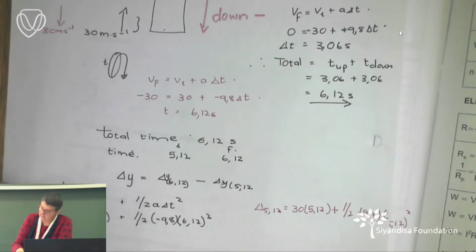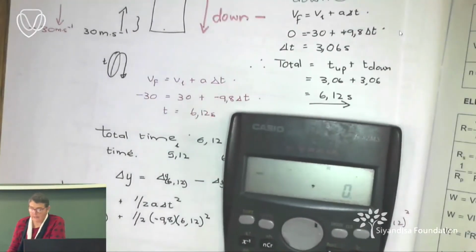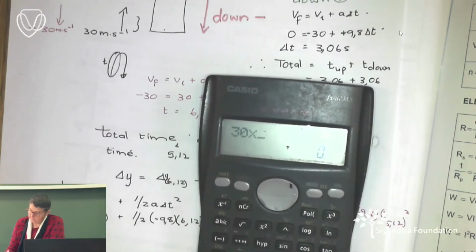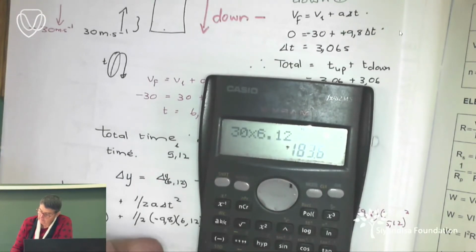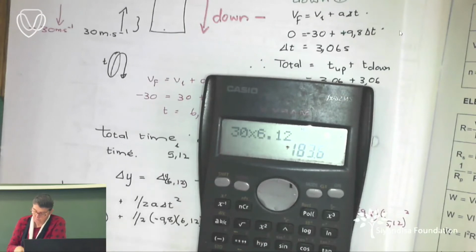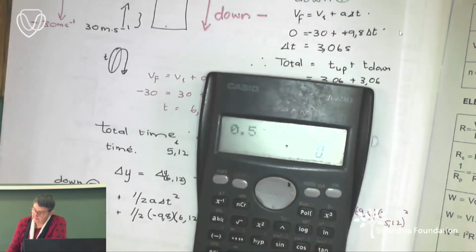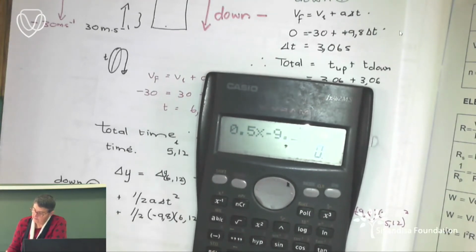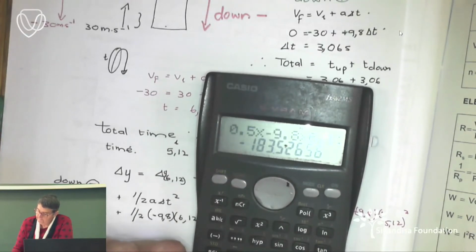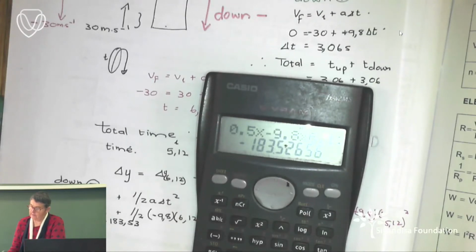Let's just double check here. Let's do the first one. That gave me 183.6. 0.5 times negative 9.8 times 6.12 squared equals negative 183.53. Right. How did I get that answer?